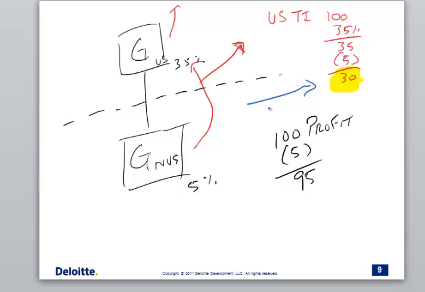Do we need to accrue the 30? Because we didn't avoid the 30. We just deferred it. When all these big fancy companies have all their foreign earnings offshore, they haven't avoided U.S. tax. They just haven't paid it yet. So when do they plan on paying it?